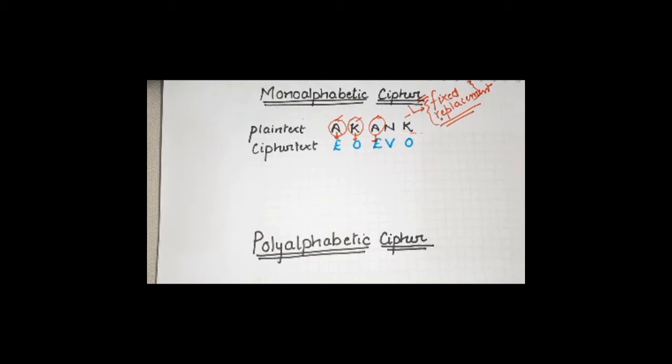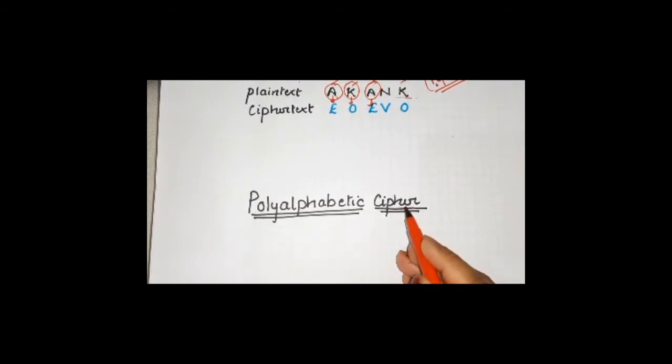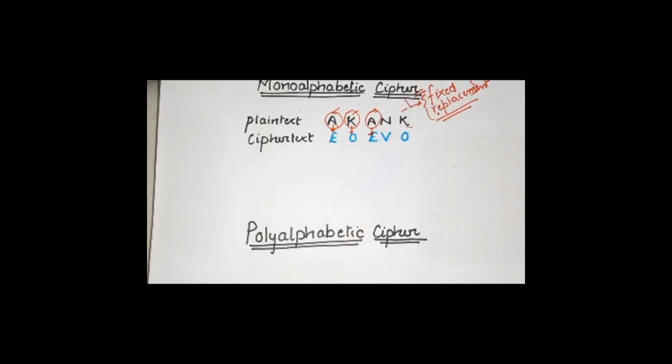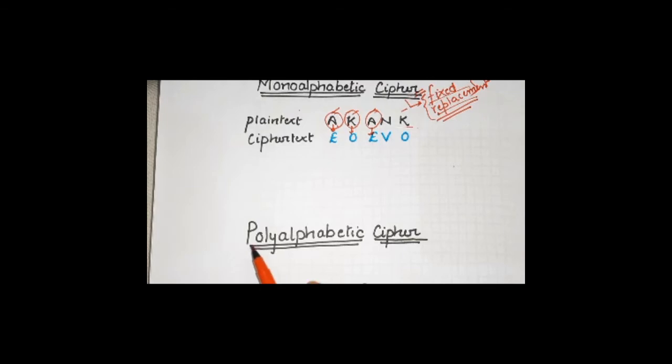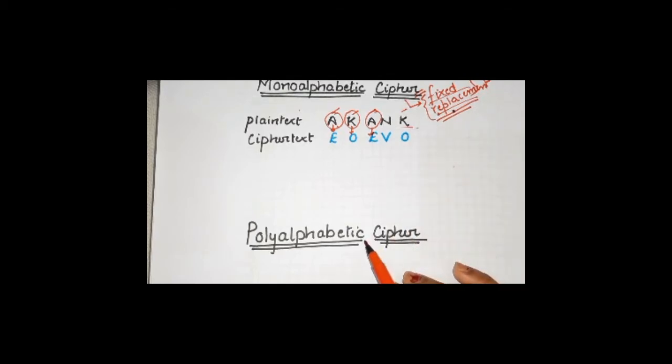Moving ahead as to what is polyalphabetic cipher. Now, polyalphabetic cipher is just the reverse of monoalphabetic cipher. Monoalphabetic cipher used a fixed replacement technique, whereas the polyalphabetic cipher does not use the fixed replacement structure. That is, for every repetitive occurrence of the plain text, it is going to have a different ciphertext.